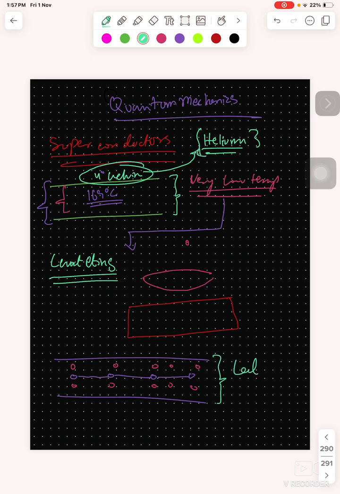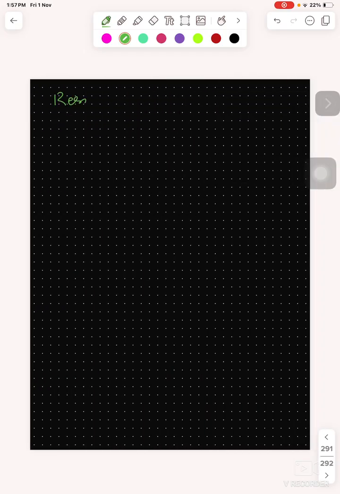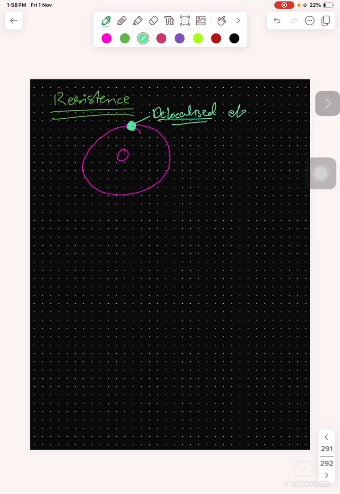But before that, let's talk about how this lattice works, because what is resistance? First of all, resistance is like when we have a metal, let's suppose any metal, and the outermost electron of that metal is a delocalized electron.